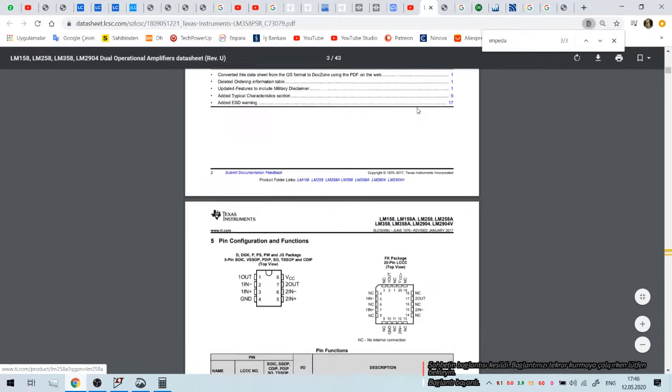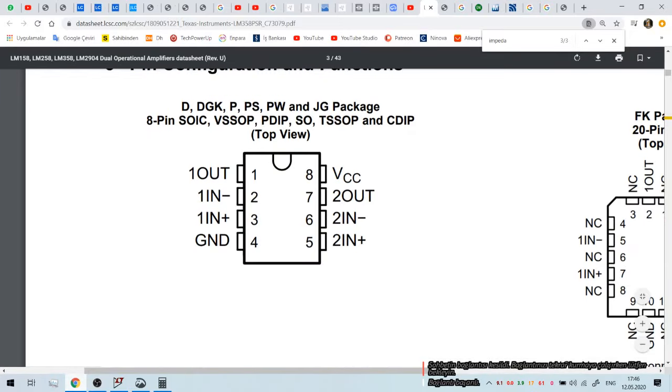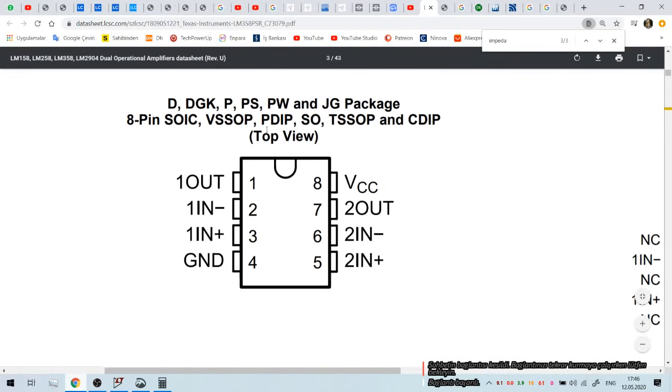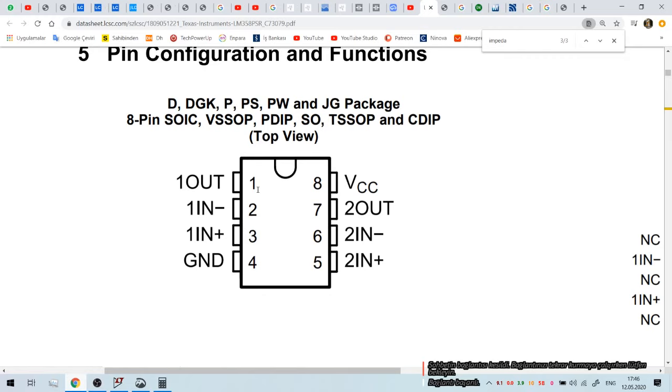I want to say this LM348 contains 2 op-amps. You can see here, and I have some blower fan, and I can use it maybe with some temperature sensors to stabilize this device.